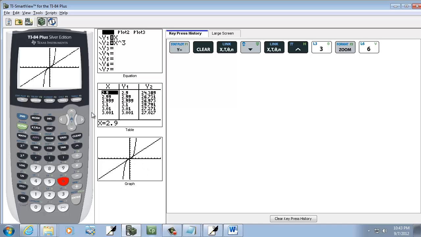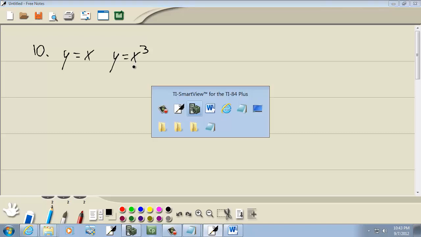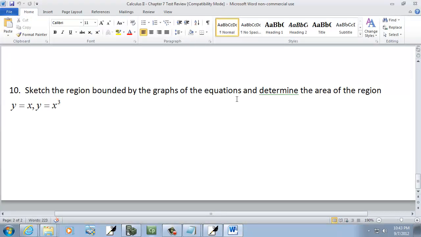And I can't really see it very well there, but if I do zoom, choose zoom in, number 2, and press enter one time, I get this.